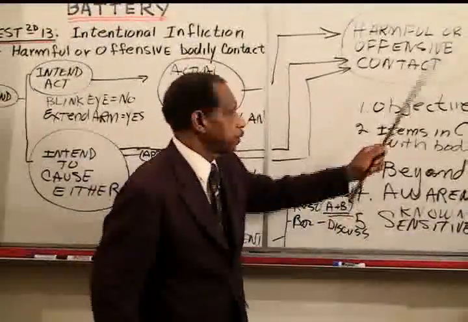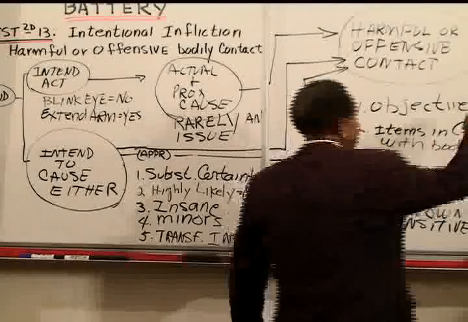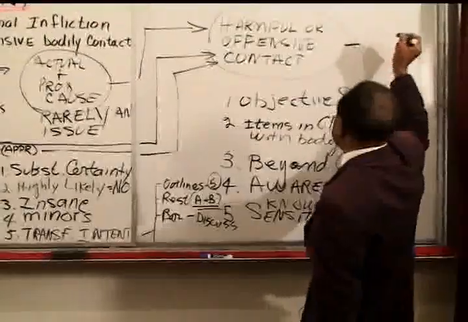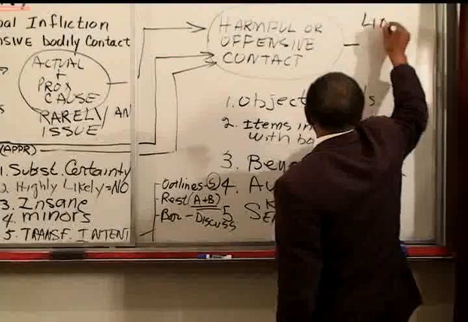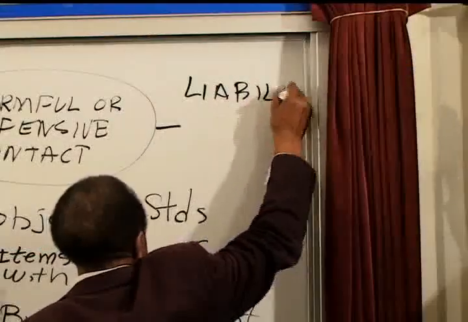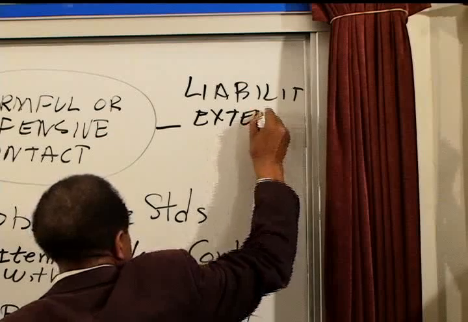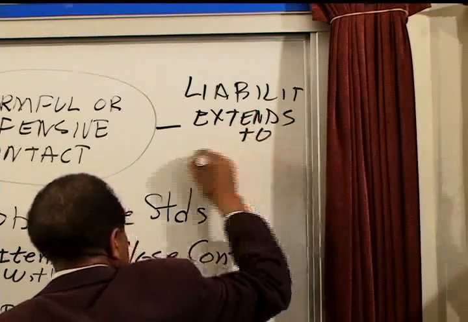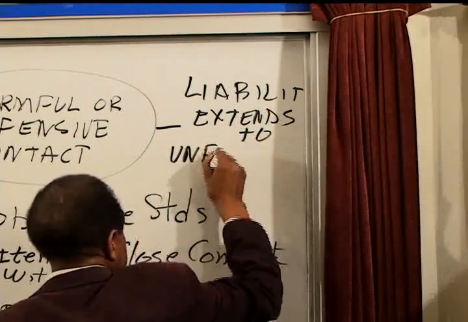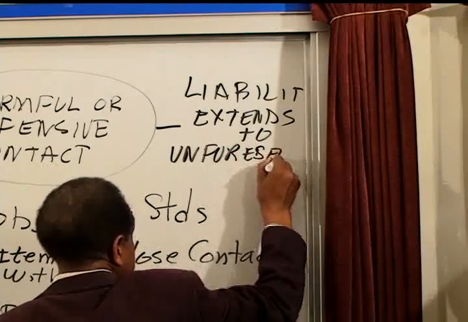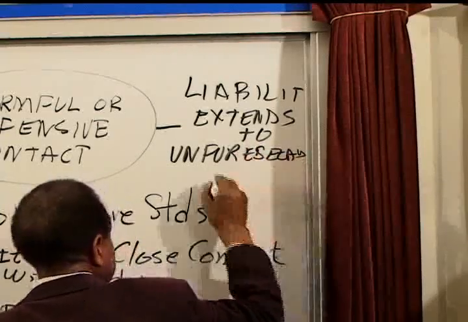Now, one last thing over here, let me put this on the board: once you have established the battery, for all the reasons we've talked about, the liability extends to unforeseeable consequences.